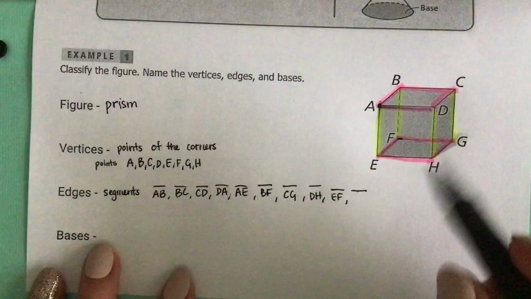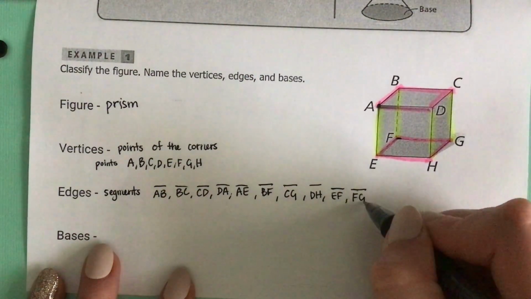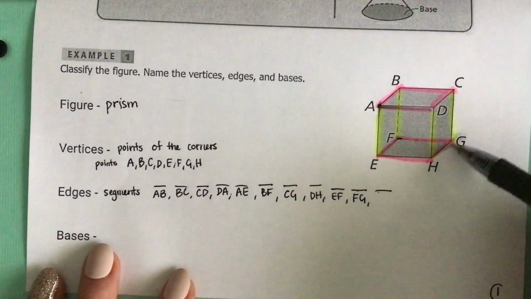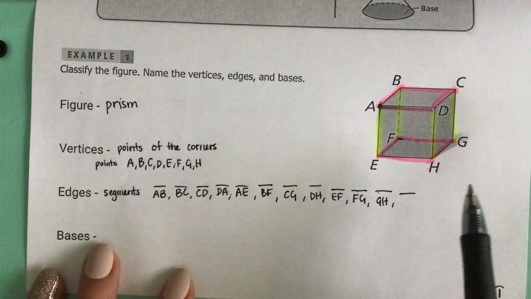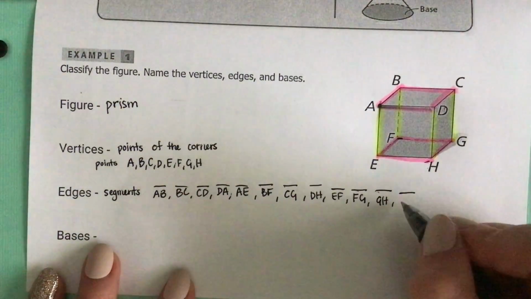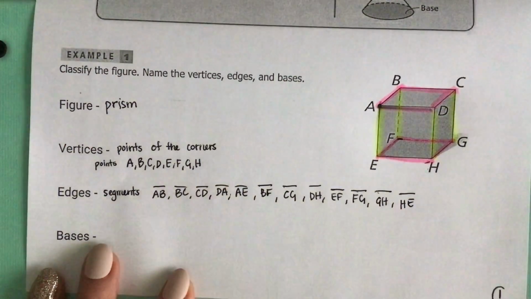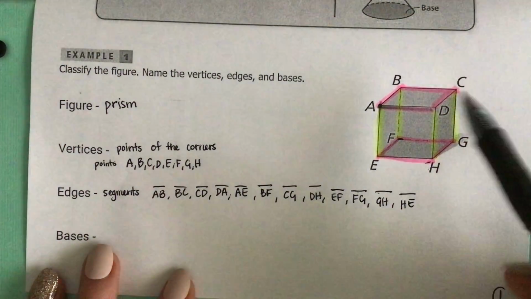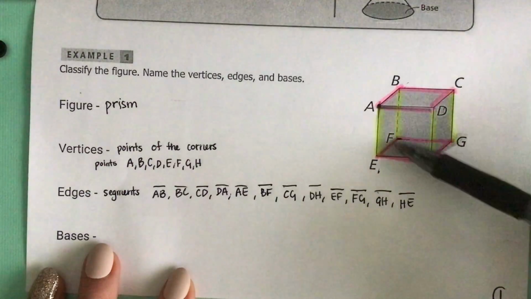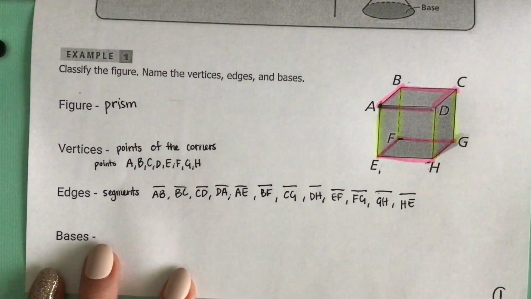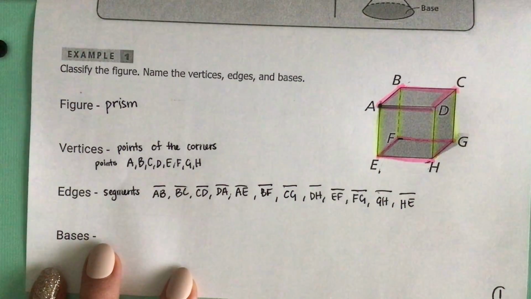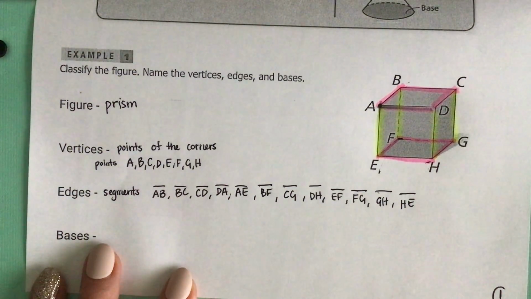We have FG, GH, and HE. All right. So that is 12 edges, and that makes sense because we've got 4 at the top, plus 4 more going up and down, plus 4 more along the bottom. So those are our 12 edges. And remember, those are line segments.